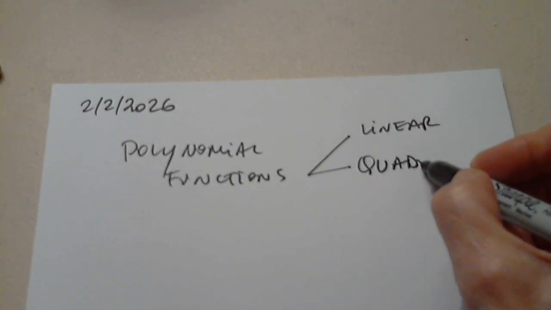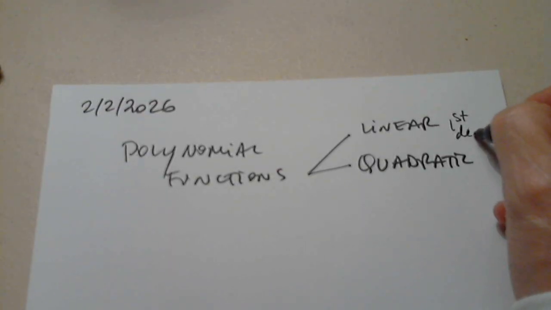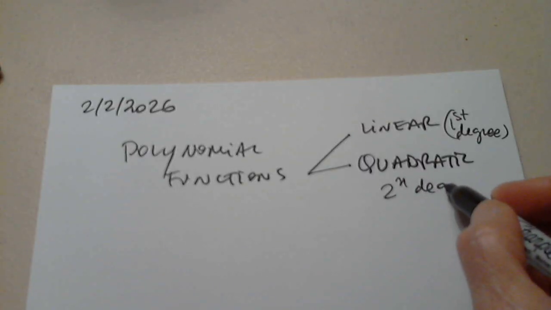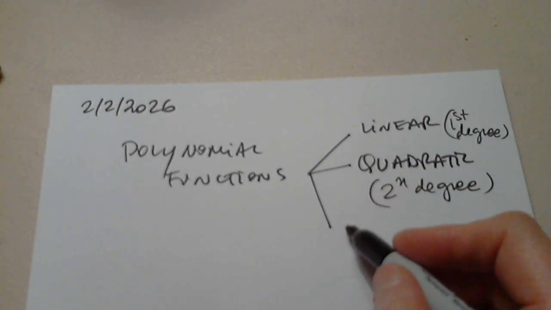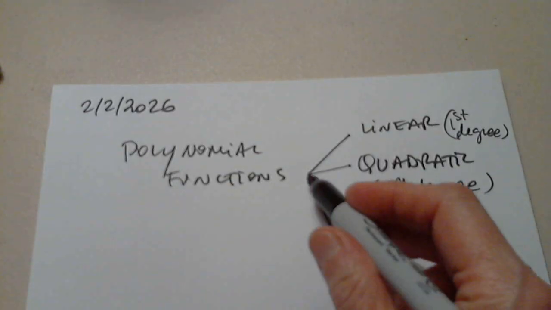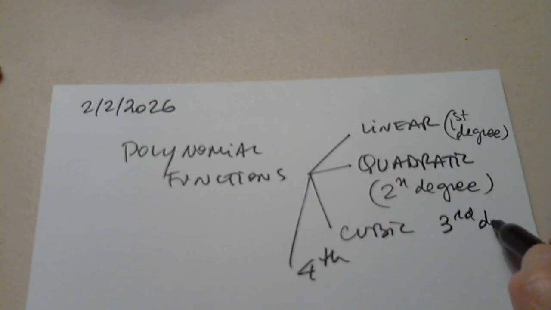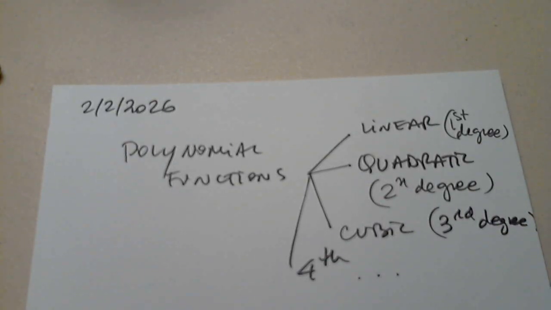Quadratic. So this is the first degree. Of course, this is the second degree, and it goes on from here. Cubic is third degree, then fourth degree, and so on and so forth.